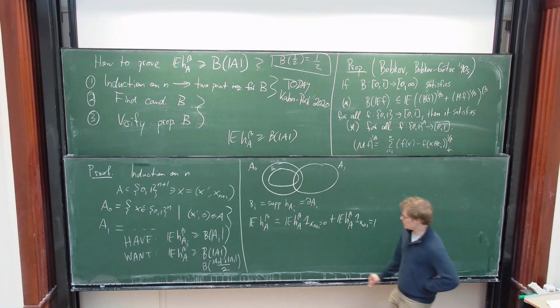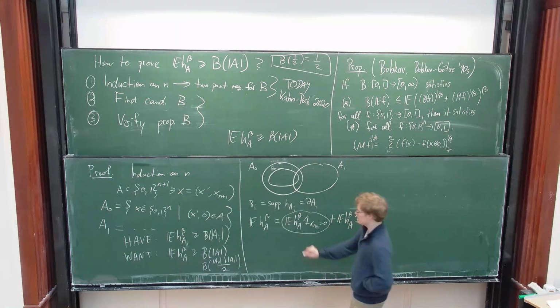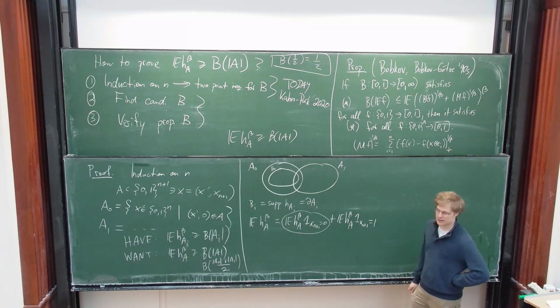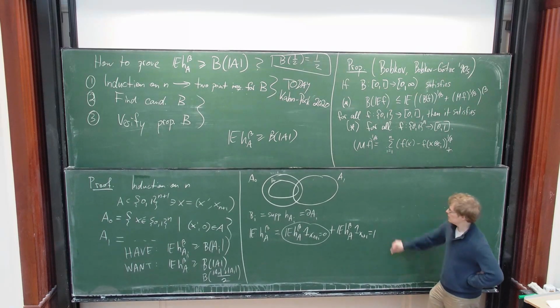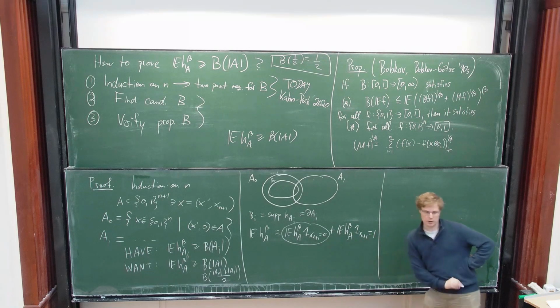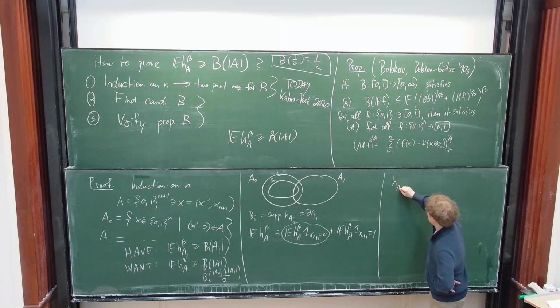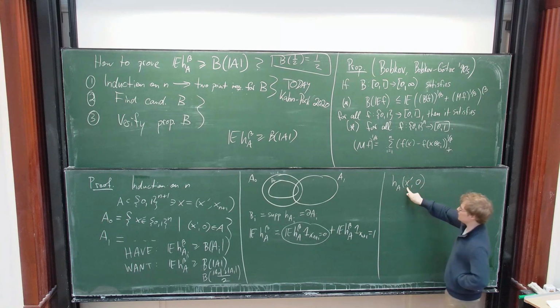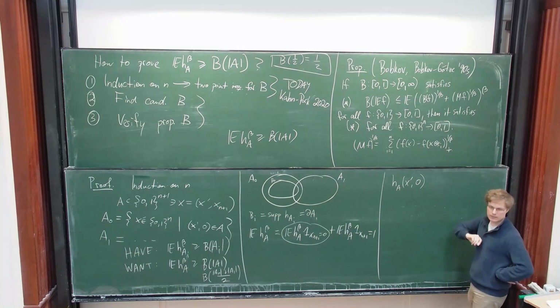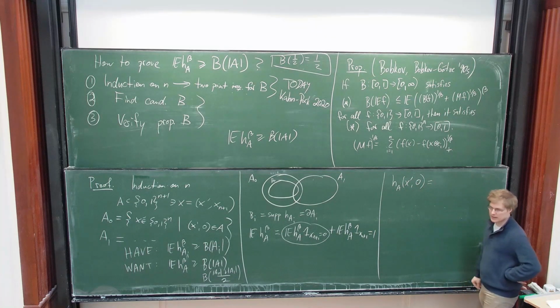Okay, so now let's take a look at this term, simplify it in a certain way, and then do the same to the second term. Let's focus on this when the last bit is 0 for now. So let's try to analyze what happens to h_A when the last bit is 0. So it's going to be a point, we're plugging in a point of the form (x', 0). Okay, so how do I simplify this?